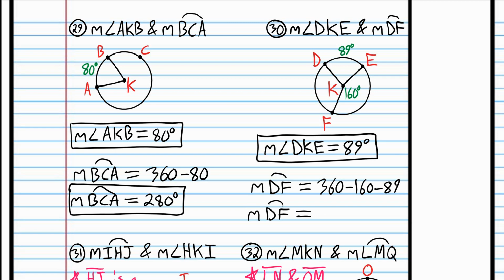You can use your calculator for that if you want to. 360 minus 160 minus 89 is 111 degrees. And we know that this angle is 111, which means the corresponding arc is 111. But again, you can consider this to be a 160 degree arc and just think of it in terms of arcs if you want.